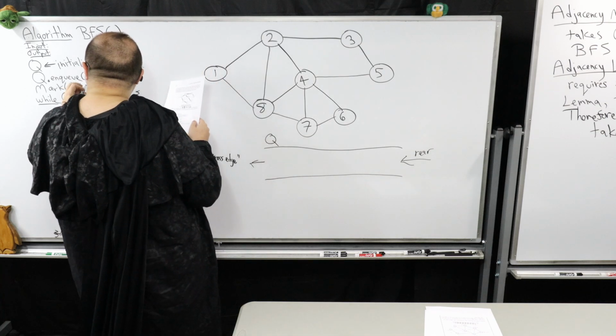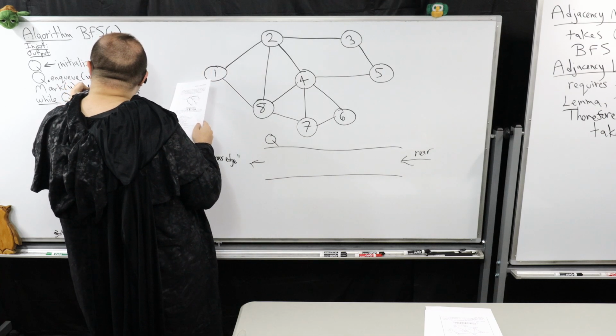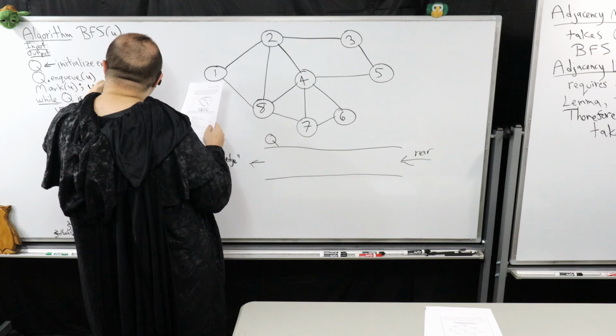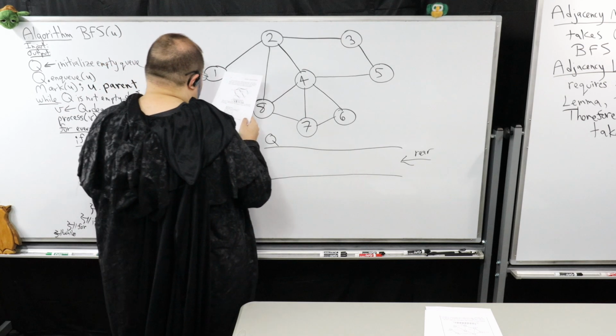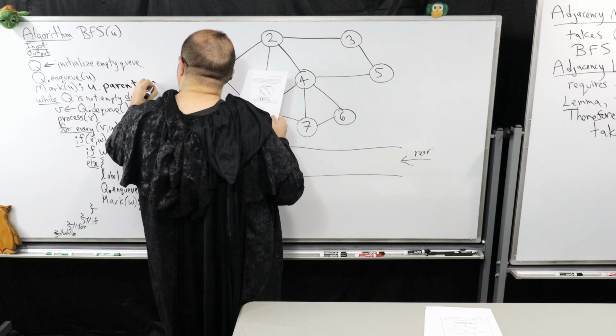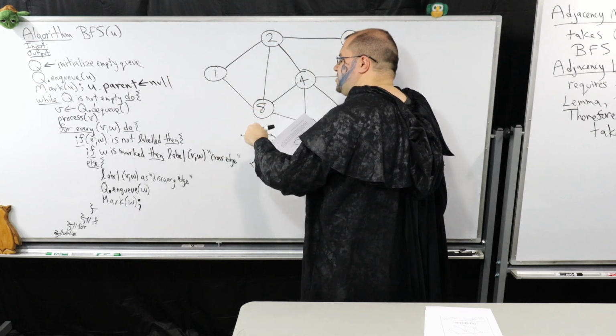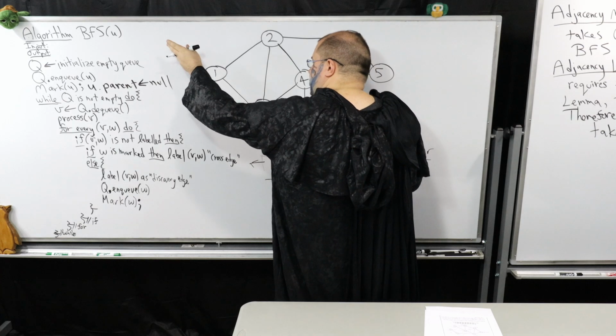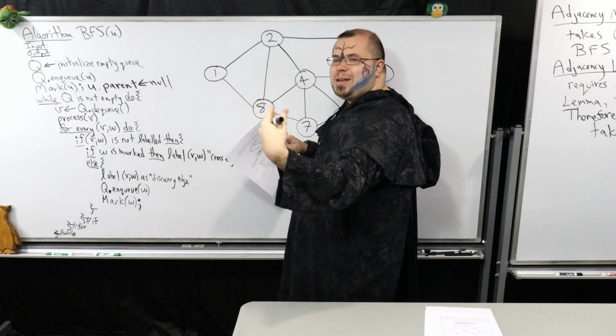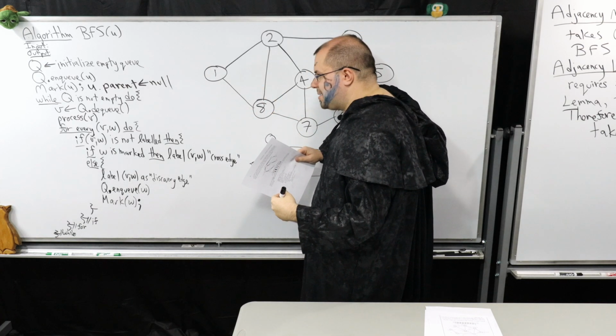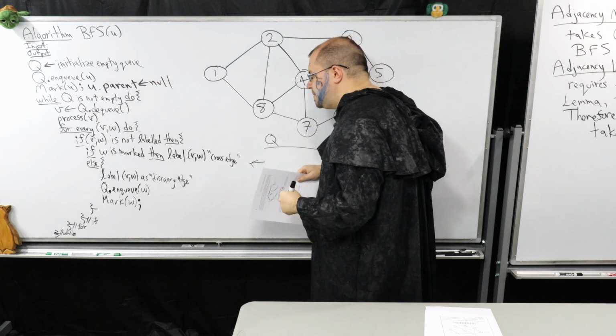So I'm going to assume each one of the vertices has an attribute called its parent. Since I start at vertex U in this process, it's not going to have any parent with respect to this tree, because that's going to be the root of our tree.